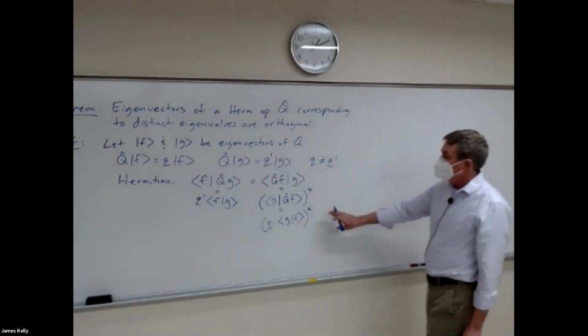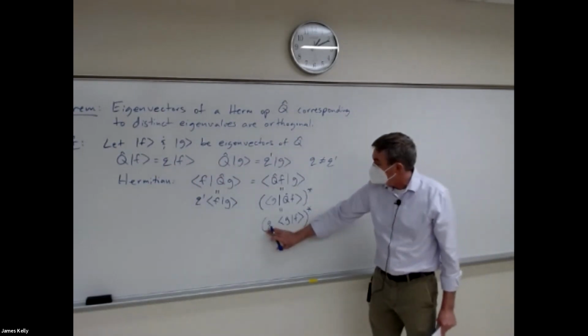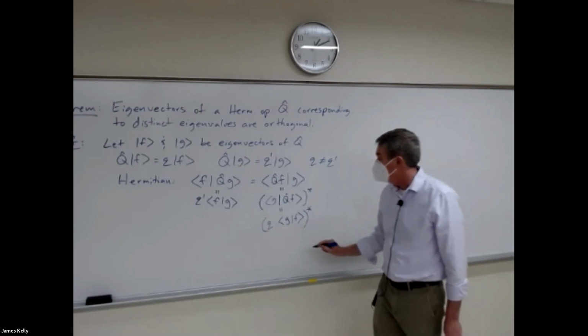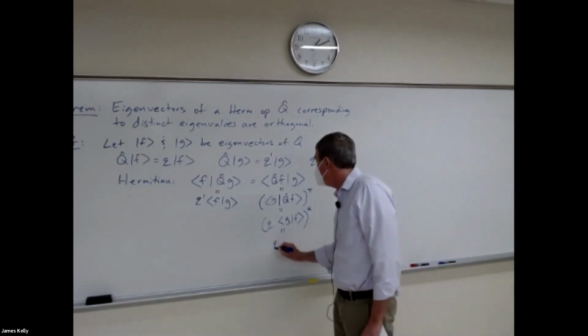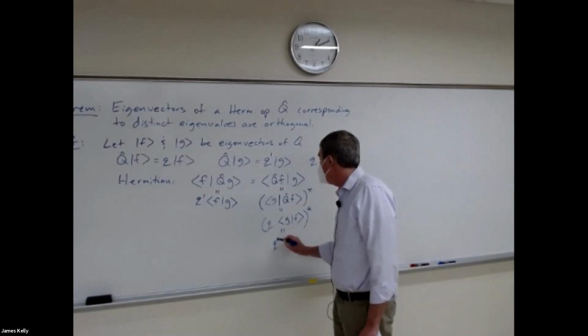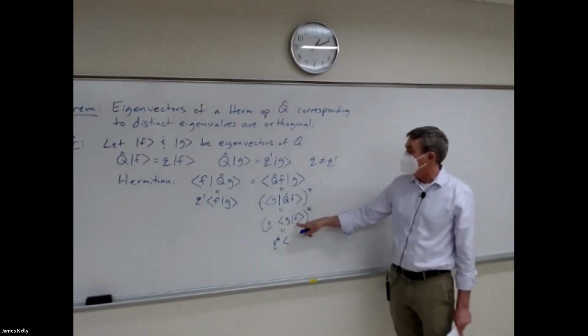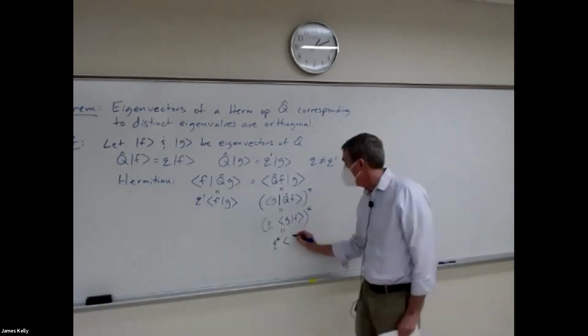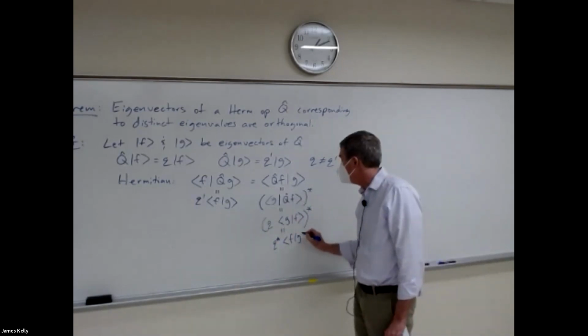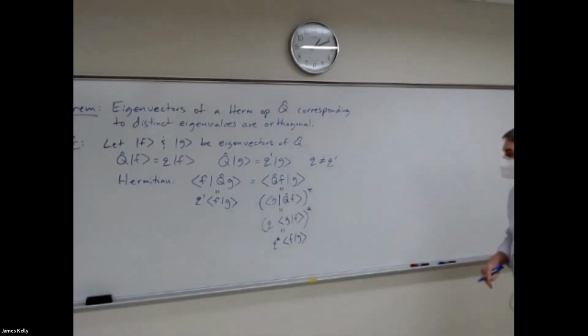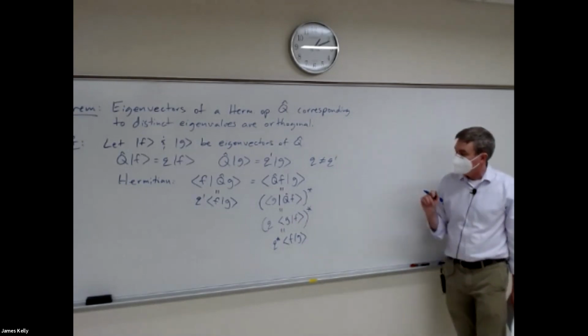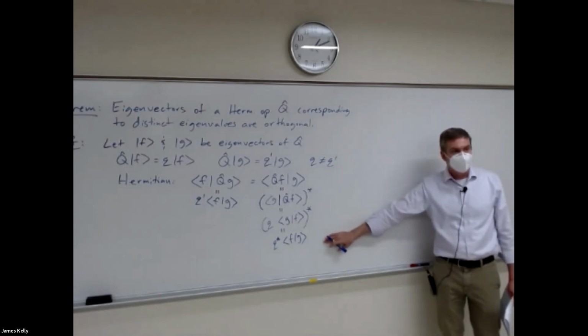And then the complex conjugate of the product is the same as the product of the complex conjugates. So this is going to be equal to q star times, well, the inner product of G with F starred is the inner product of F with G. That's that conjugate symmetry. When we flip it around, we just put a star on it. Okay, questions so far down there?